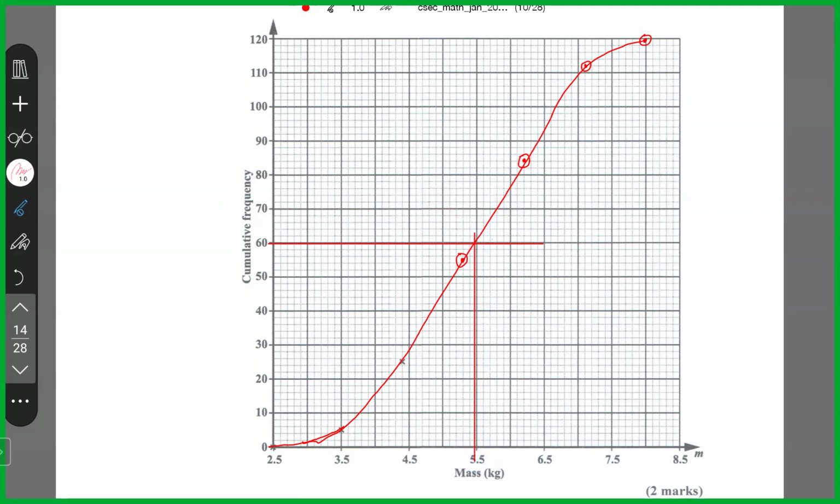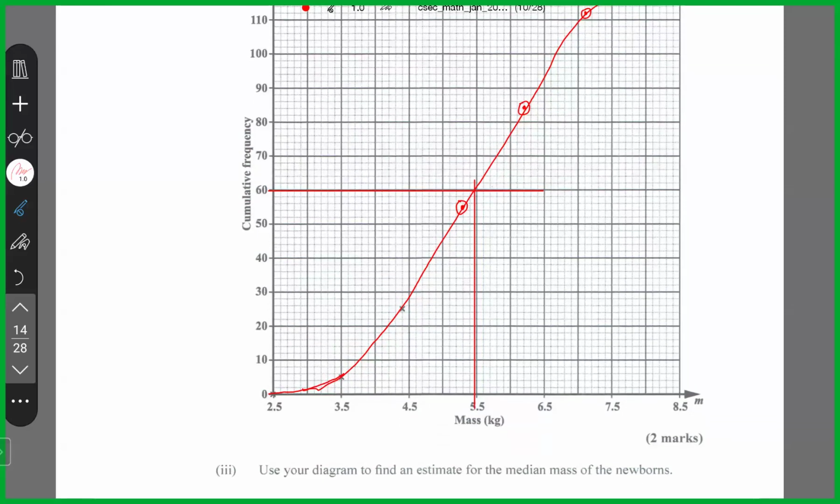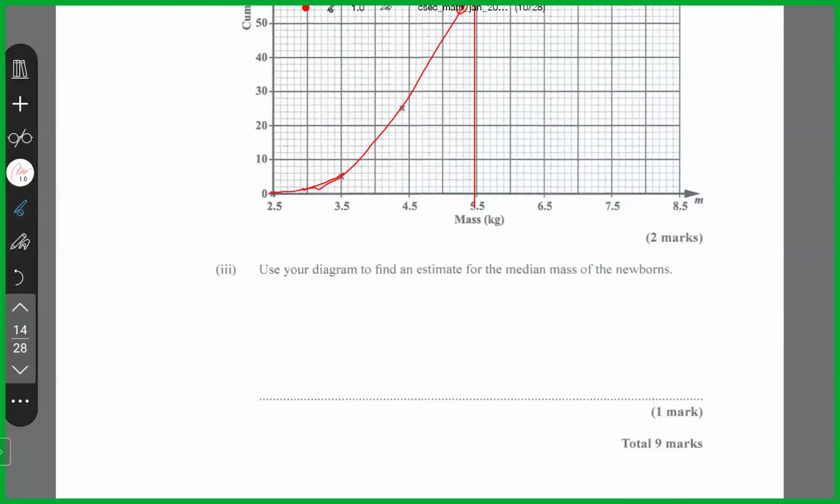But if you said 5.45, I would work with that, or 5.5. So the median, and of course, the notation for median is Q2, is 5.5 kilograms.